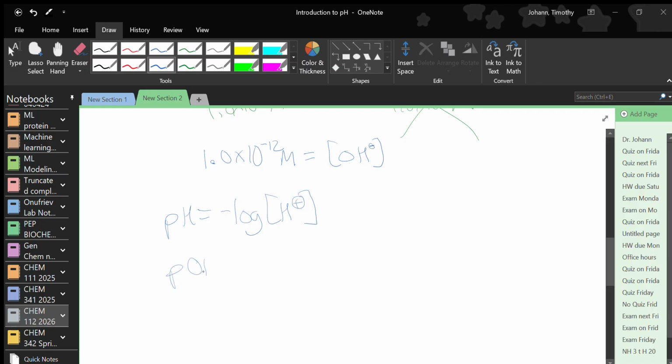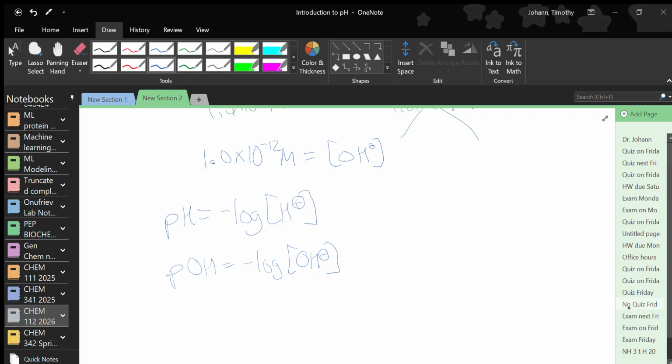We could also talk about pOH, which is equal to the negative log of OH minus concentration. We're going to have this p-something that we're going to use in chemistry a number of times, and what it means is negative log of whatever.